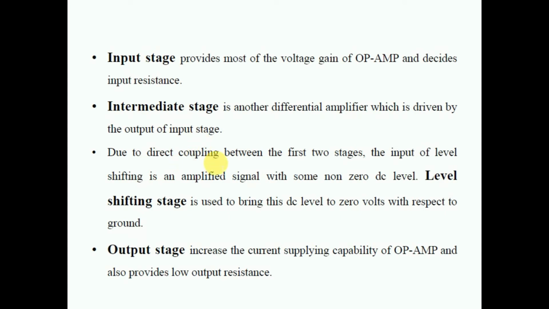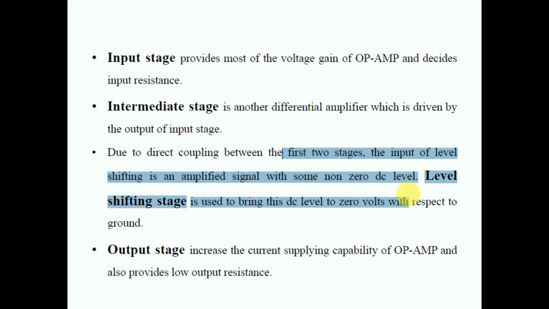Due to direct coupling between the first two stages, the input of the level shifting stage is an amplified signal with some non-zero DC level. And what is being done at the level shifting stage is that the input is amplified, and the DC level is shifted to 0 volts with respect to the ground.